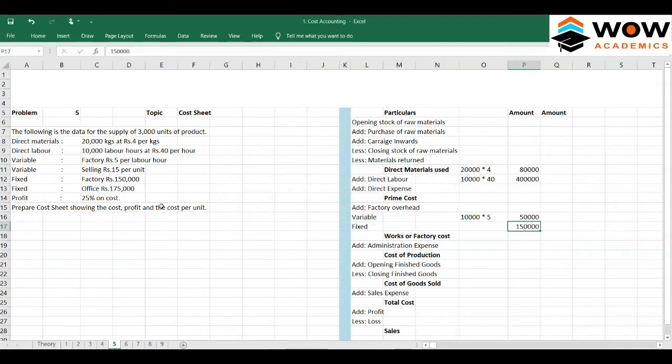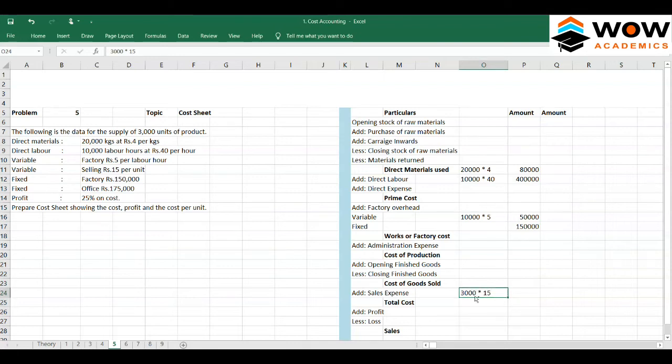So next is going to be, we have selling expense. Selling expense is 15 per unit. So totally we are selling how many units? So is it given? Yes, it says for the supply of 3,000 units. So they're going to sell 3,000 units.